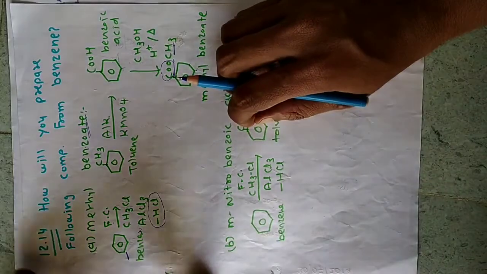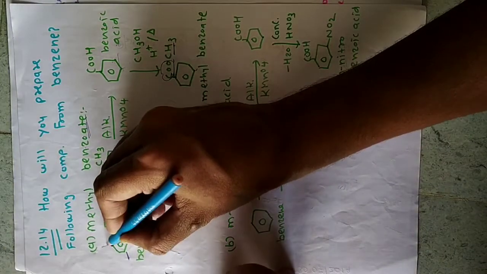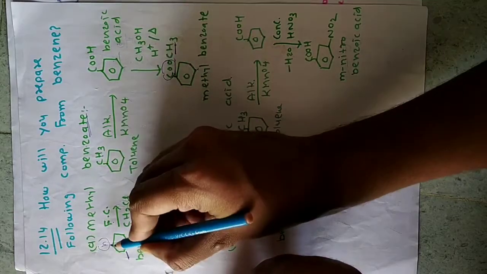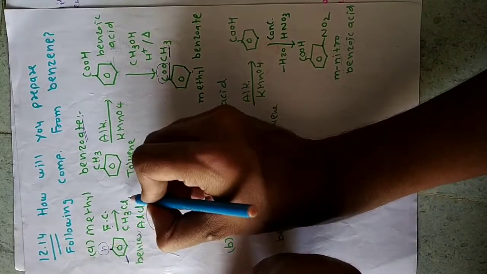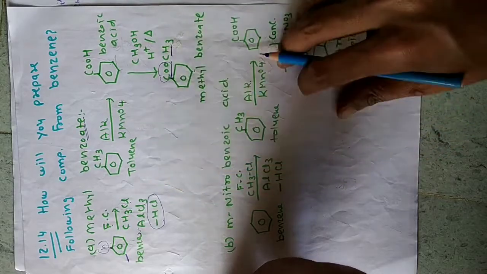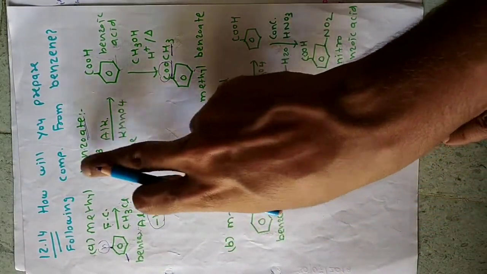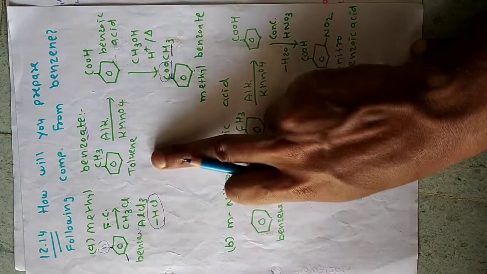Now what will happen here? A hydrogen is there. Instead of that hydrogen, CH3 will come, and this hydrogen and Cl will combine to form HCl. So minus HCl, on benzene CH3 is there now, so it is toluene.